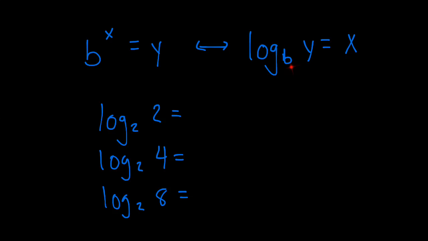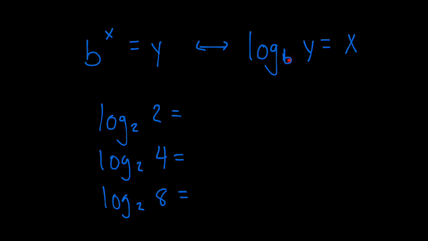We have log base b, whatever the base of our exponent is, log base b of y, and that's the number that we end up at, equals the exponent. So when we see log base b of y, it's saying b to what power gives us y.